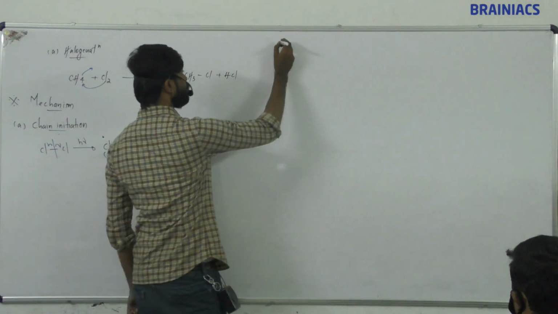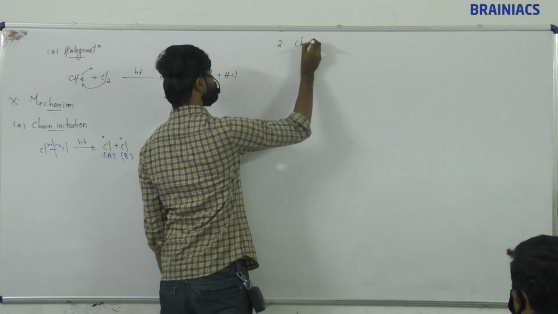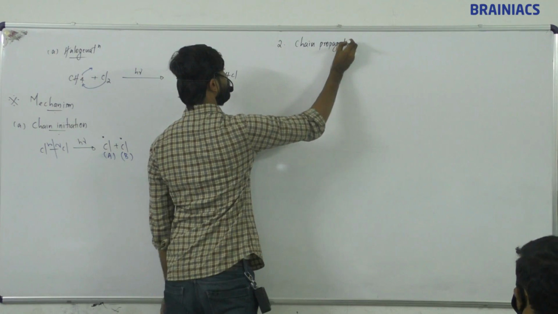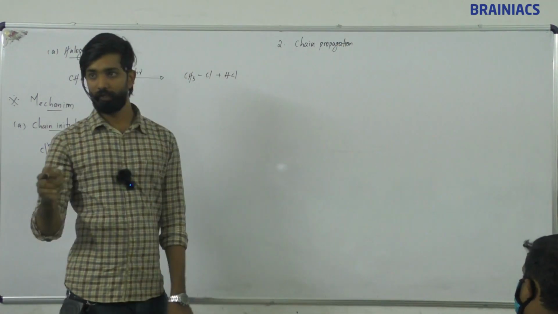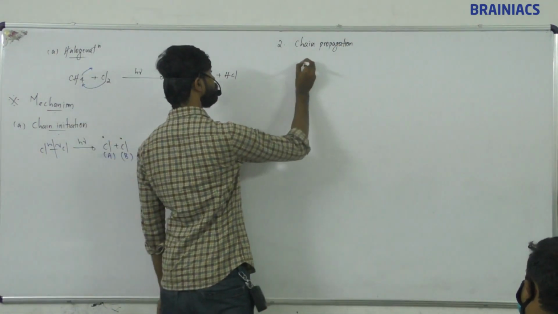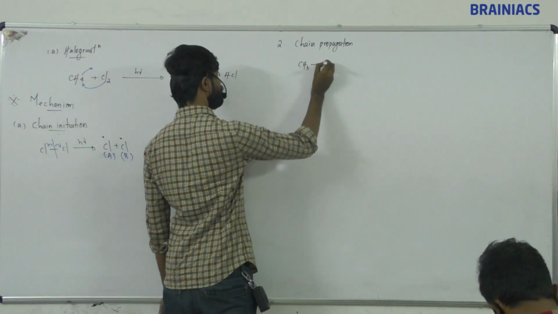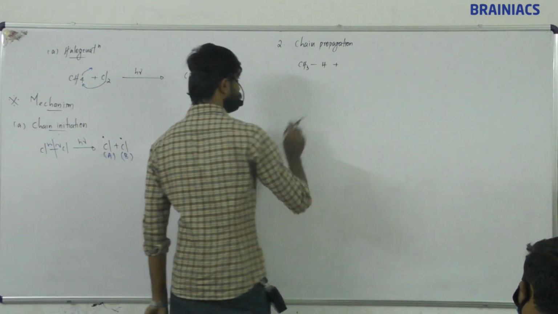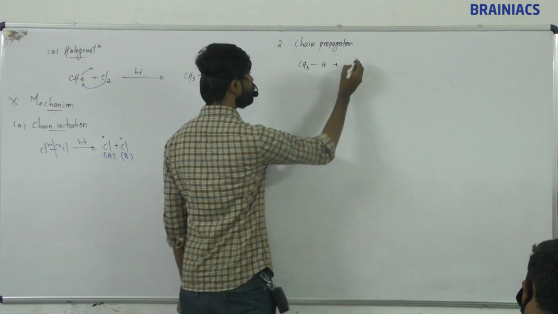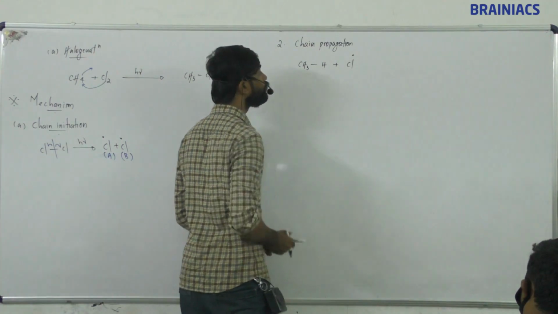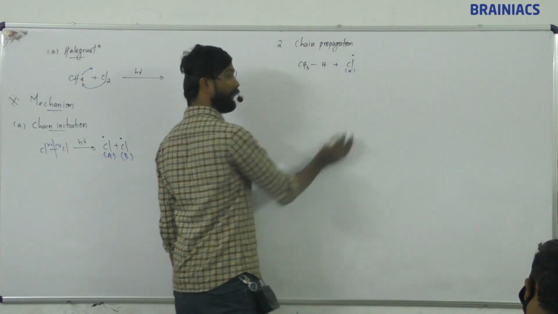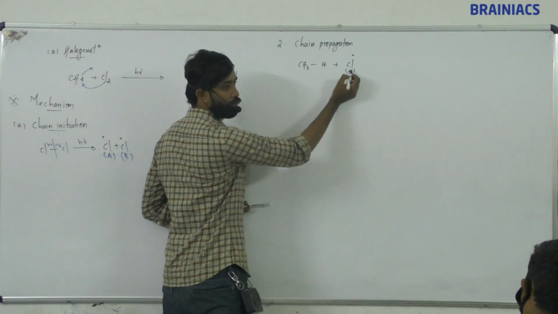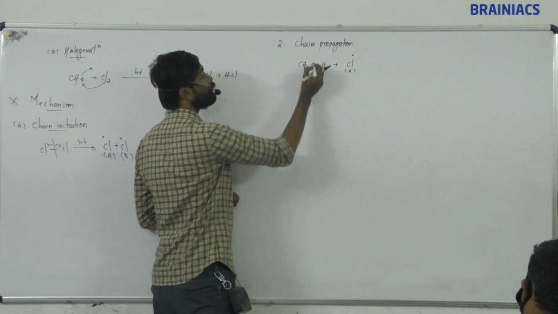The second step is the most important. The second step is chain propagation. Listen carefully. Now the free radical chlorine is generated, right? Your alkane is methane, CH4, which reacts along with the free radical.